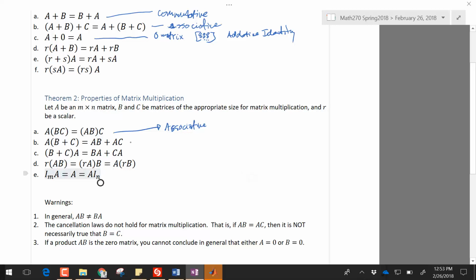We have a couple of distributive laws, and one of them is being multiplied on the left side, the other one is being multiplied on the right side, so they are called left and right distributive, if you want to give it a name.